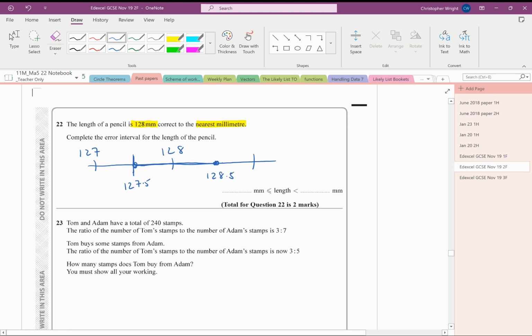Now, if it was 128.5, it would round to 129, and that's why that's a strict inequality there. So 127.5 and 128.5.